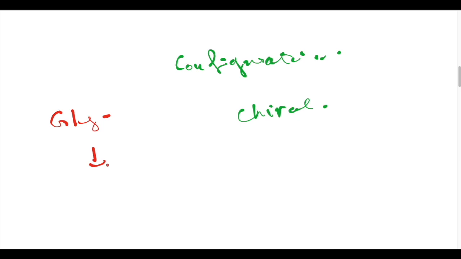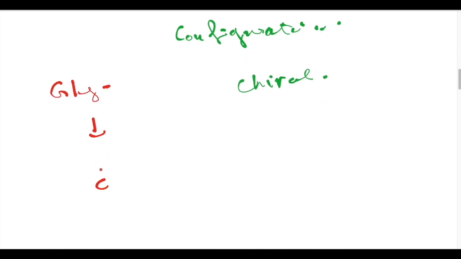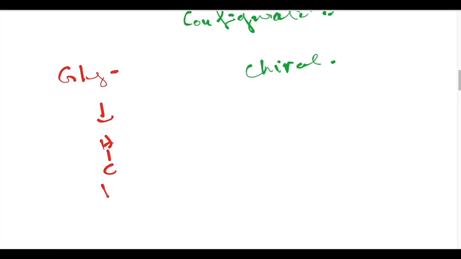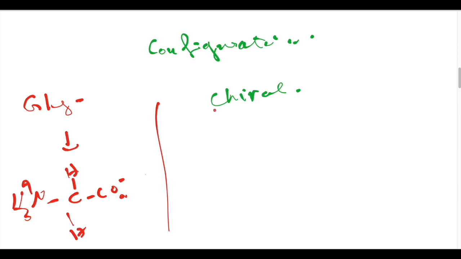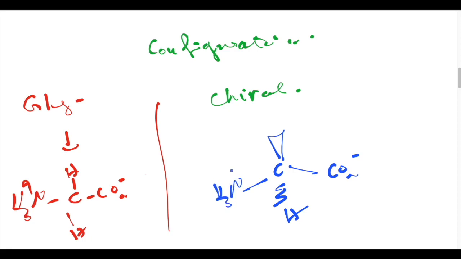The alpha carbon of the glycine amino acid is not chiral because it has 2 H. But all the others are chiral. For example, alanine has a chiral alpha carbon.